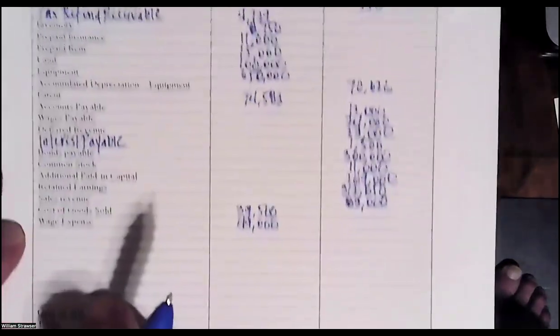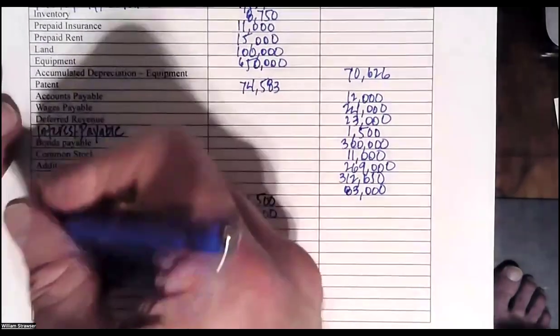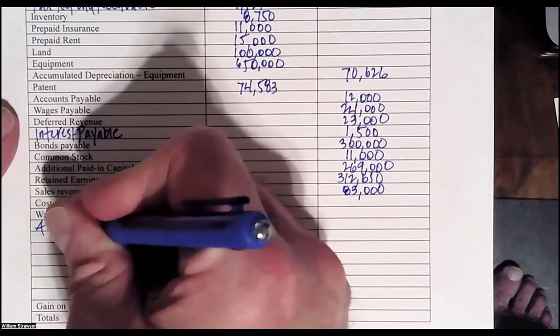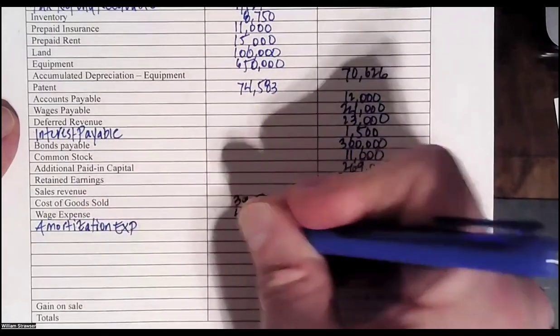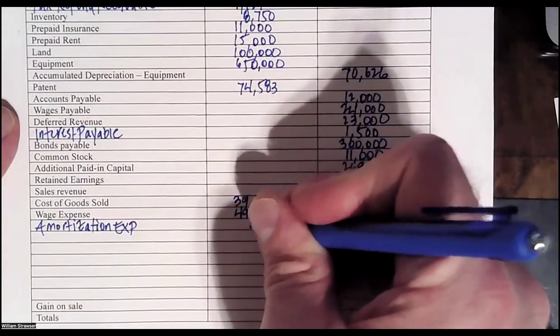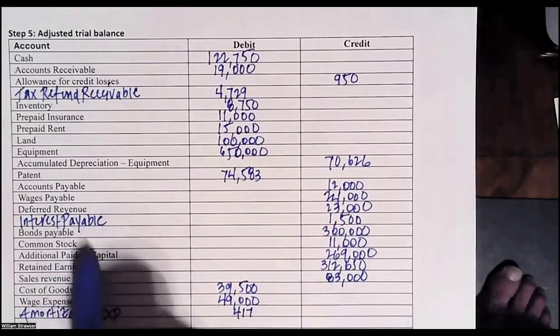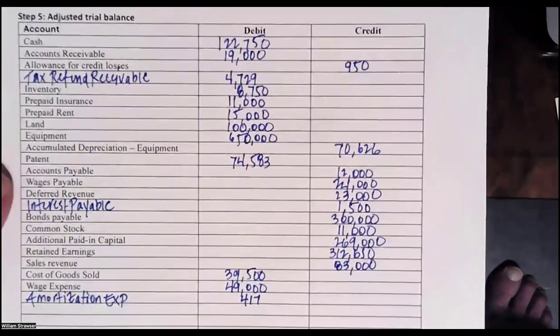And now we have a bunch of expenses that we need to write in because they weren't there. These all came out of the adjustment process. Amortization was one, for 417. Remember that credit went to the patent account. That's why the patent is now at 74,583, because we reduced it by 417.